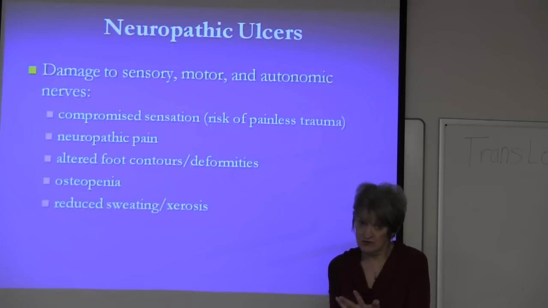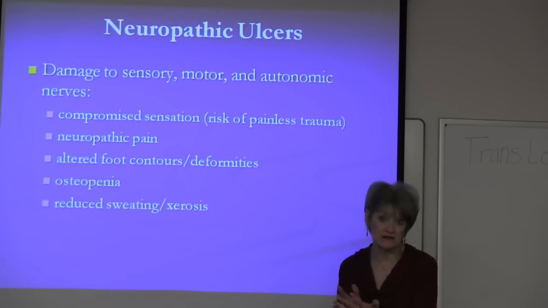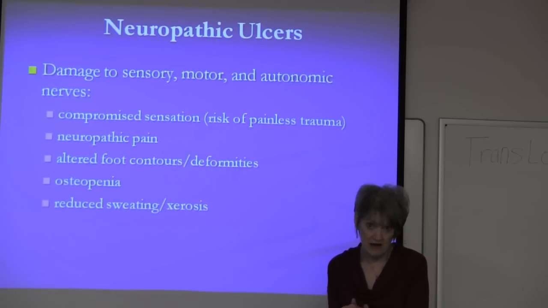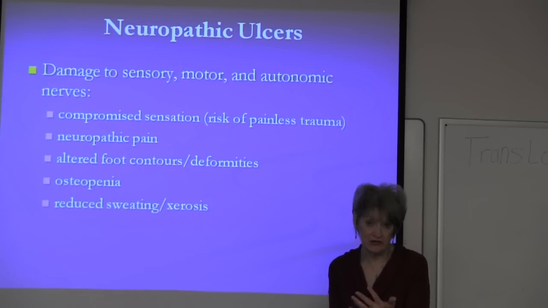You already know sorbitol is a very powerful osmotic agent that pulls fluid into the cell, causes a lot of swelling. That compromises nerve function. In addition, a lot of diabetic patients have variable degrees of vascular disease and vascular compromise. And one thinking is that damage to the small vessels adversely affects nerve function.